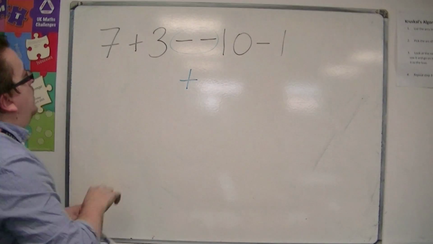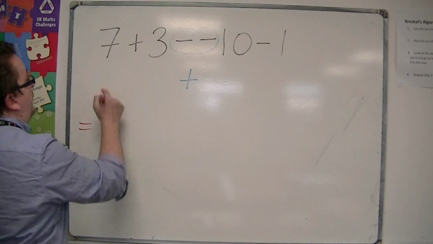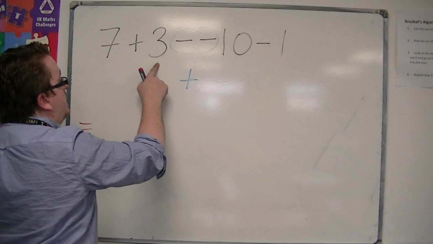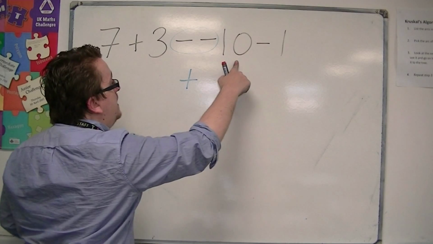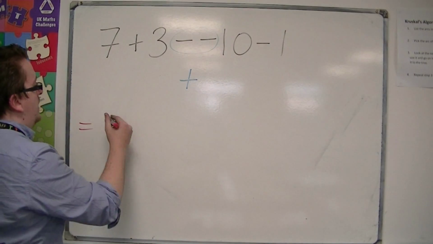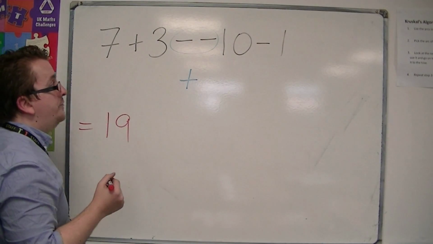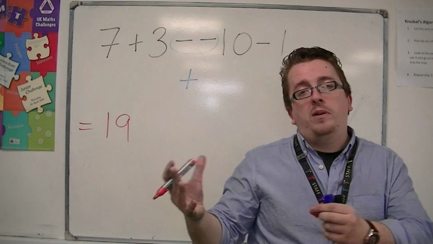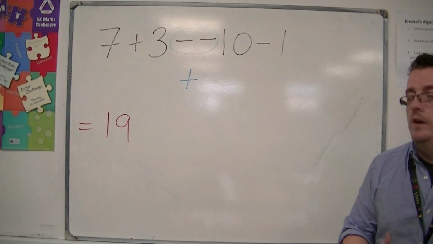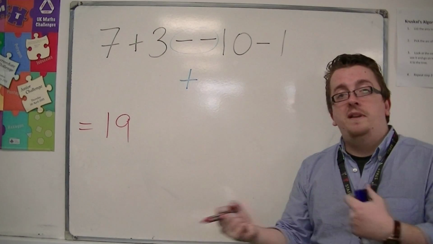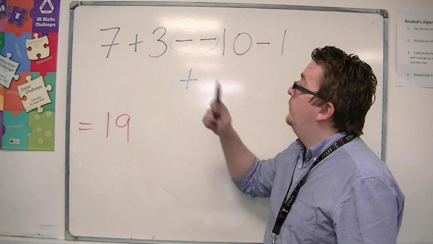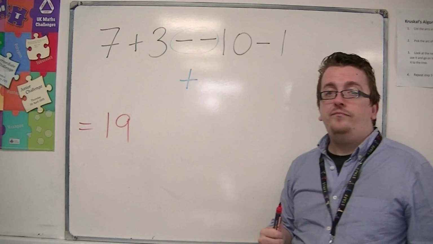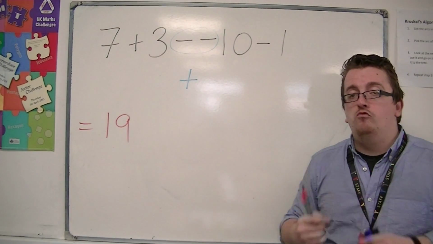So actually, what I can do is I've got 7 plus 3 is 10, plus 10 is 20, take away 1 is 19. Okay, so because I've got pluses and minuses left, I then just work from the left to the right. But the two minus signs I can immediately replace with a plus sign. Okay, and it's because they are right next to each other.